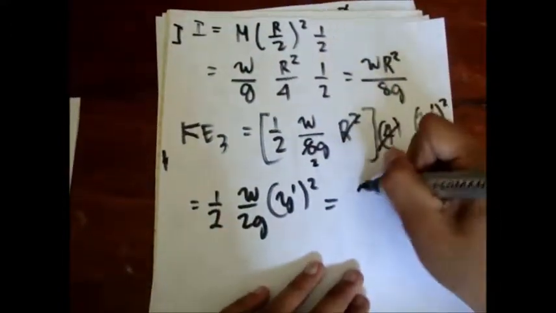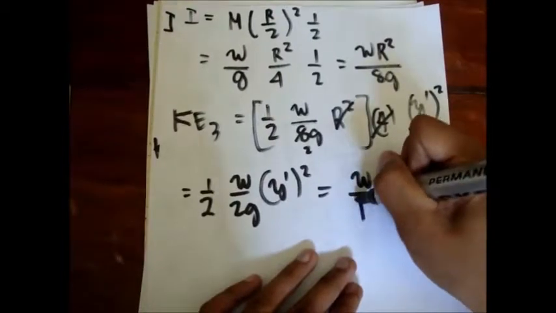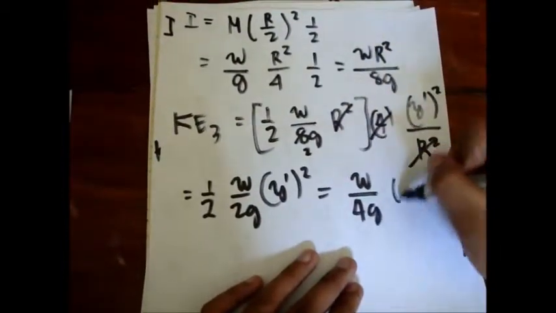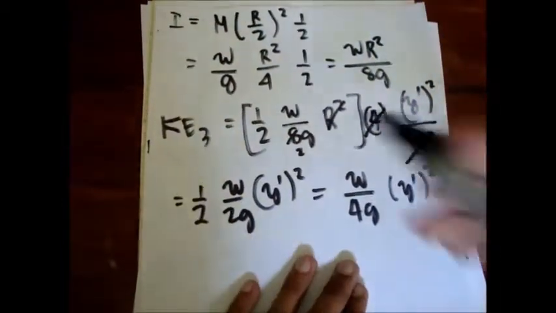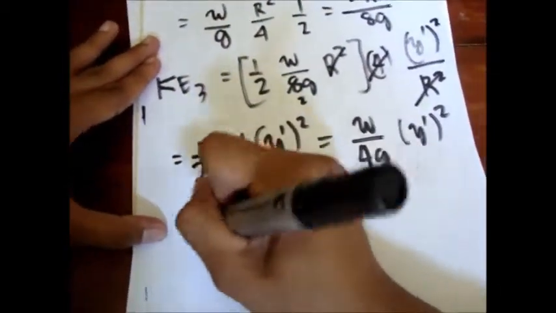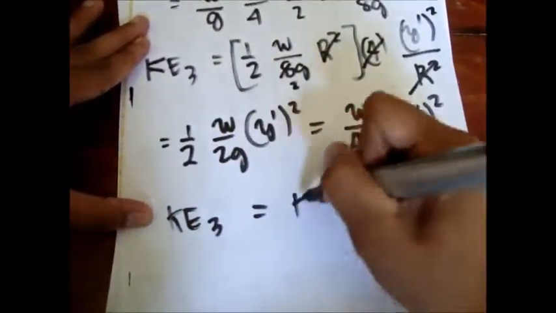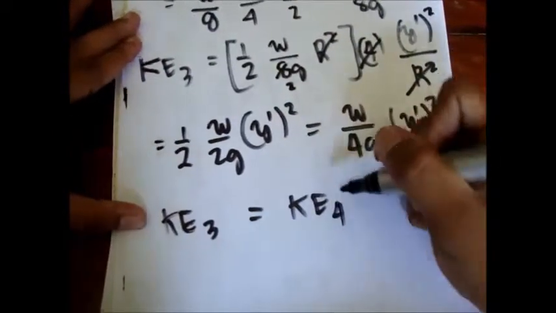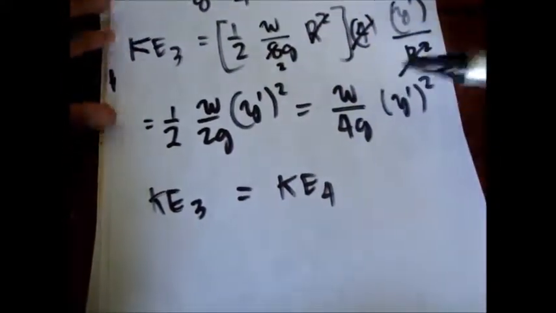So W over 4G Y prime squared. So this is our KE3 for the smaller pulley. Since we have 2 small pulleys, KE3 is just equal to KE4, so we'll just double it.